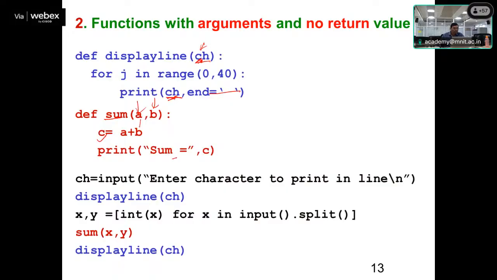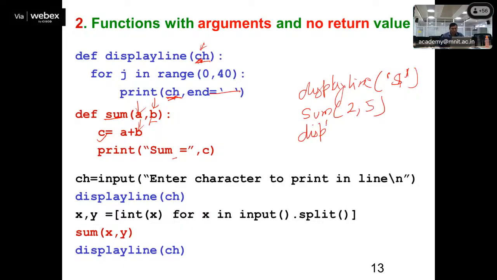Now this a, b is given as the argument, so we can call these functions as display line and give here, say, $. And then we can call sum and give the arguments, say 2, 5.